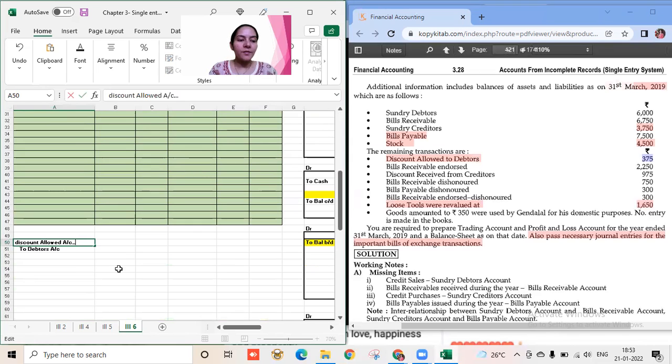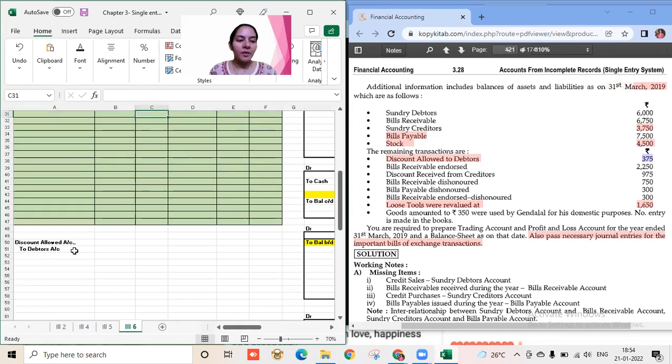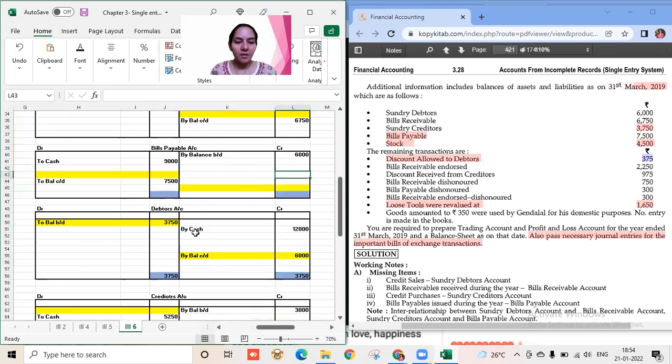So this entry will have two impacts. Discount allowed will be posted to the P&L debit side. So to discount allowed, put 375 in the outer column. Second impact, it will be credited to the debtors account. So come to the debtors account. The balance carried down has to be written at the very end. All the adjustments have to come before that. By discount allowed.